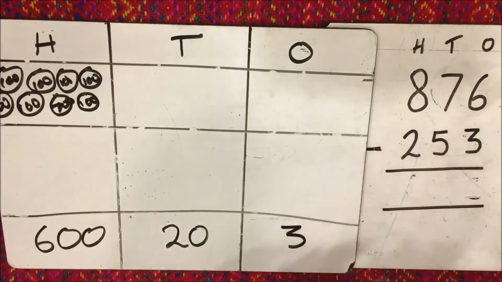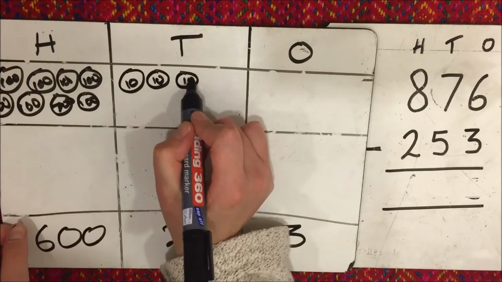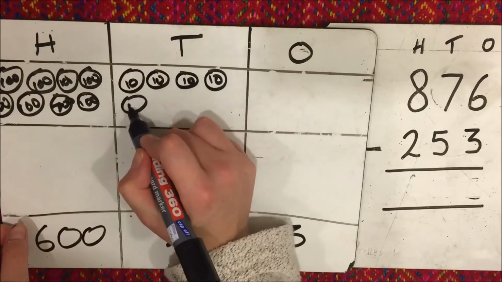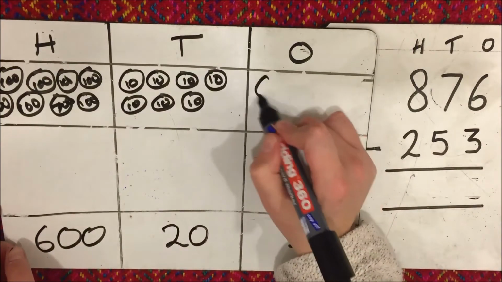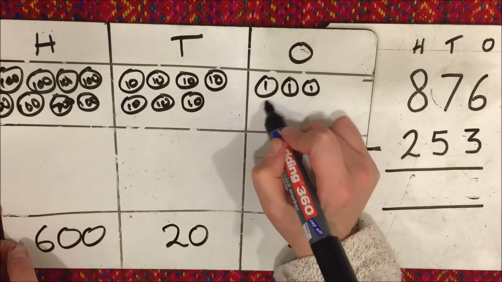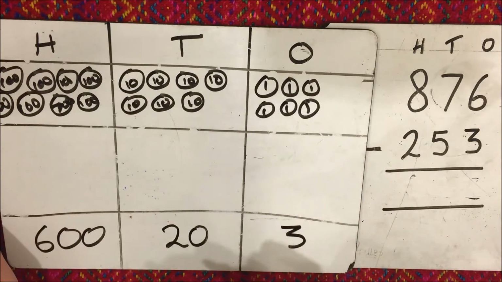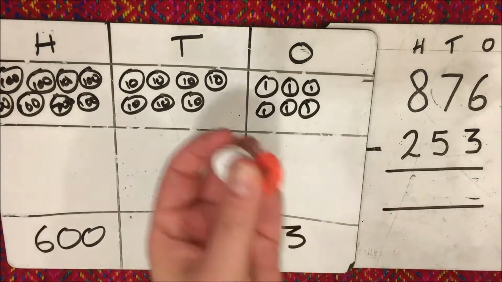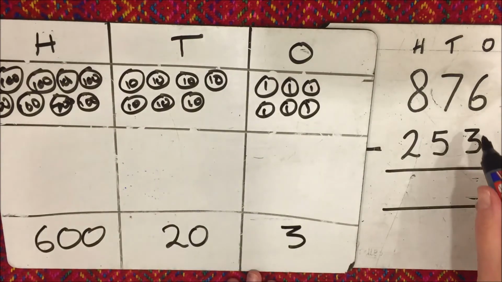How many tens? 7 tens for 70. 10, 20, 30, 40, 50, 60, 70, and 6 ones. 1, 2, 3, 4, 5, 6. How do I show I'm taking them away? I can't take away like these because they're not real counters. What do I do? I need to cross them out.